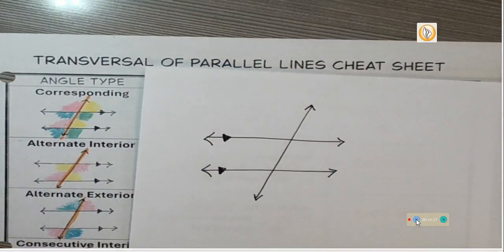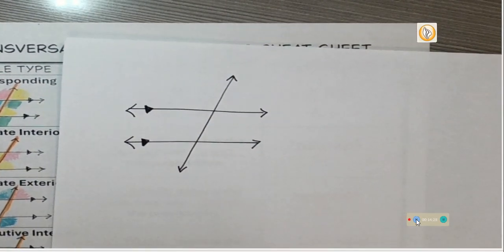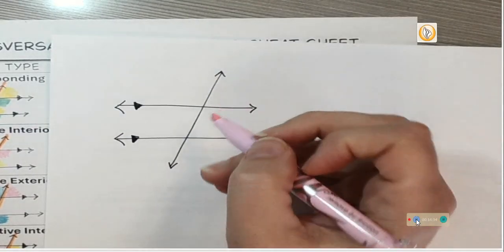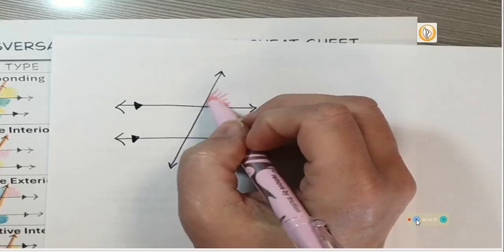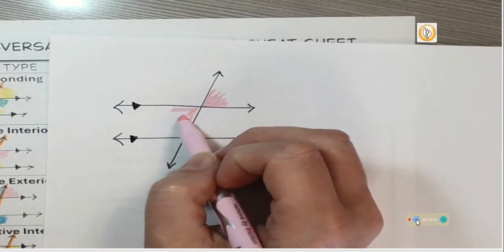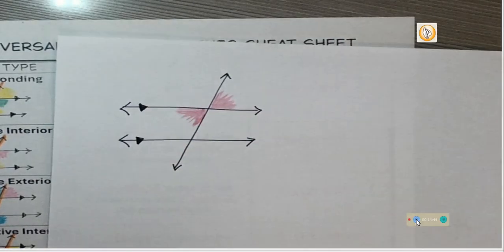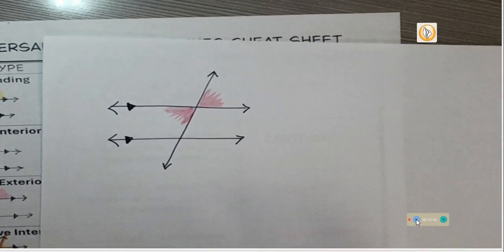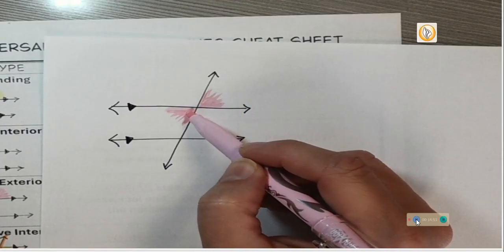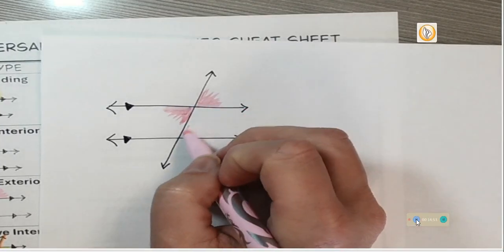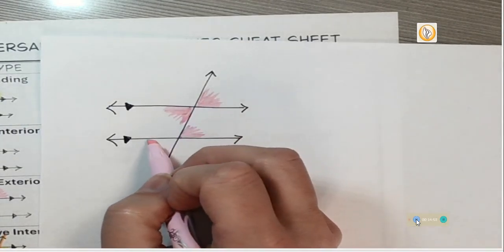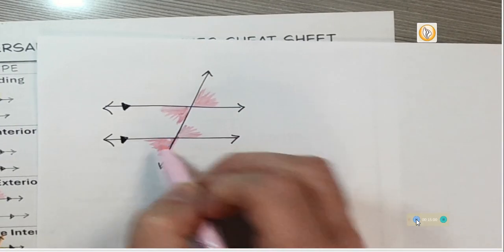All right, so now I want to show you a little shortcut, okay? It's not really a shortcut, it's more of an observation. If I tell you that this angle is pink, you know that its vertical angle is also going to be pink. Why? Because they are the same thing. Now, if you know your alternate interior angles, they are going to be the same thing, and then its vertical angle is the same thing.